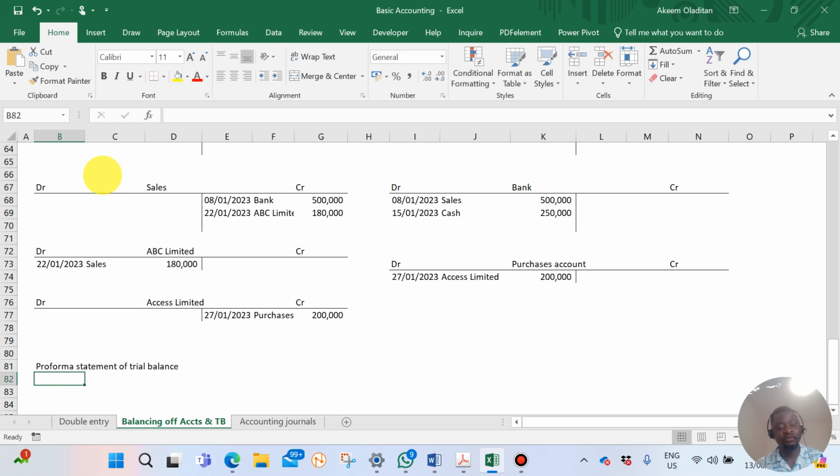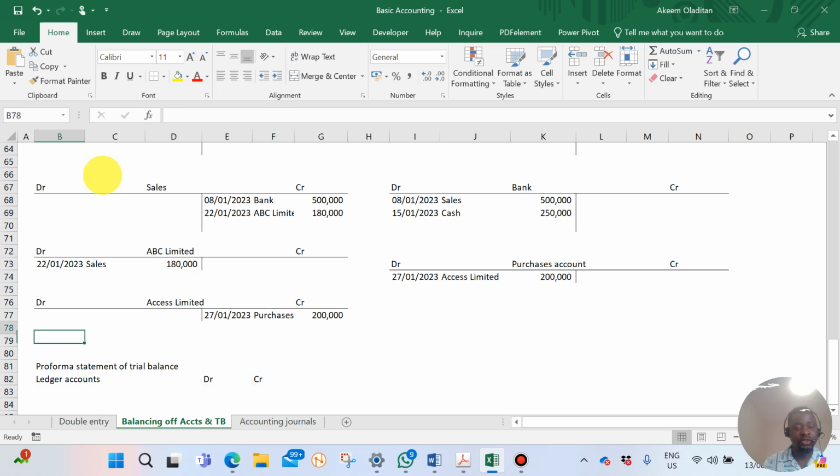In this pro forma statement of trial balance, we have two columns, the debit column and the credit column. So we have the ledger account here, we have the debit column, we have the credit column.